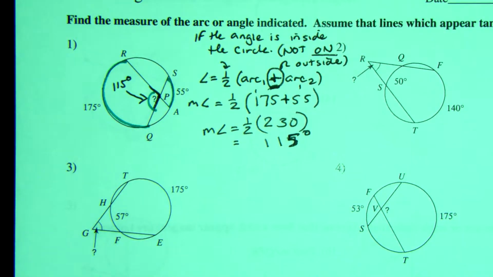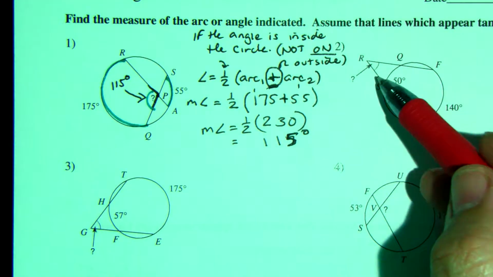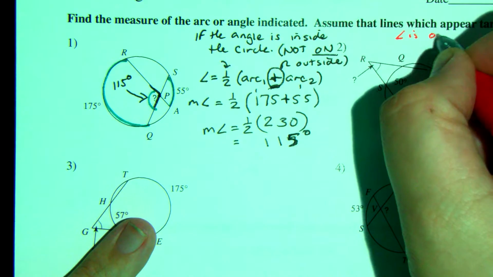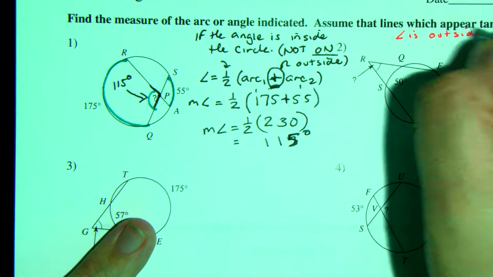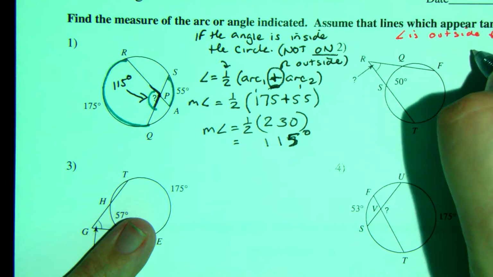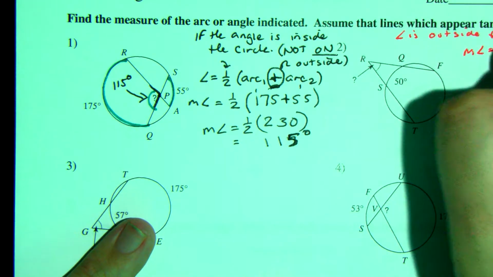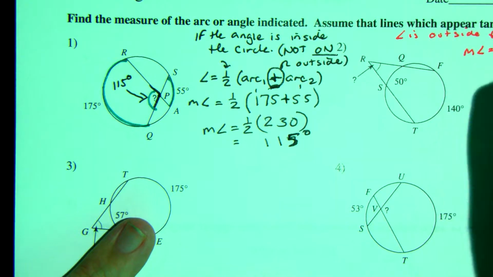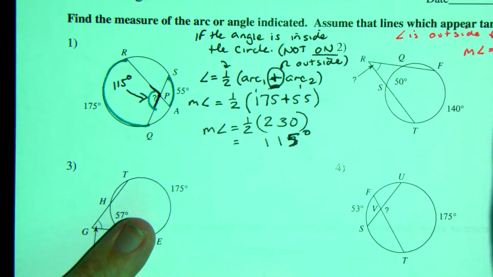All right, now take a look at this guy. The angle is outside the circle. Now, here is the formula. The measure of the angle is going to be equal to 1/2 the far arc minus the near arc.